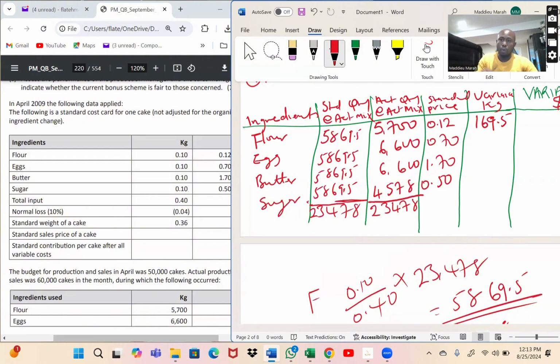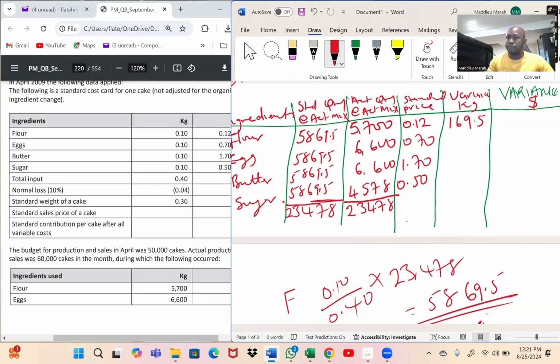Okay, so I will do this right away. So the variance kg, but what's my standard price? The formula says standard quantity at actual mix minus actual quantity at actual mix, multiplied by standard price. So now I've gotten the answer to be 169.5. Multiply this by the standard price. The standard price for flour is 0.12.